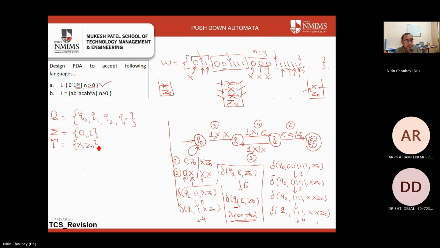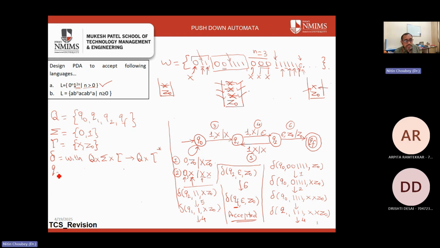So this is our finite set of allowable stack symbols. Delta is a transition function which is already shown in the diagram here, and its mapping we have already seen in the last slide: Q cross sigma cross tau leads to Q cross tau star. This is our delta.